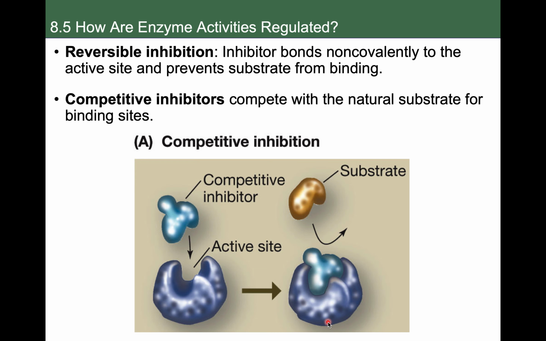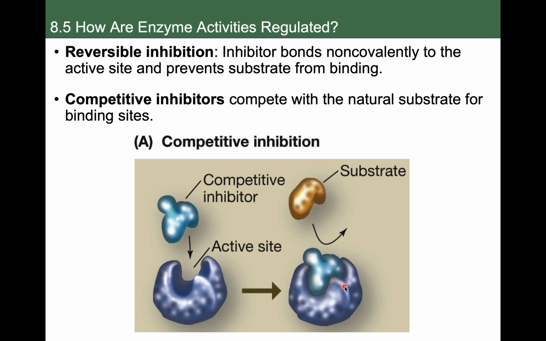And I also wanted to point out this idea of inhibitors could be competitive or non-competitive. The examples we've seen so far have been competitive inhibition. And what that term refers to, it means the inhibitor is going to compete for binding at the active site, compete with the substrate for binding to the active site.